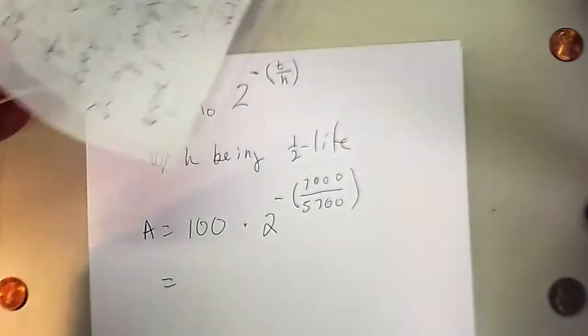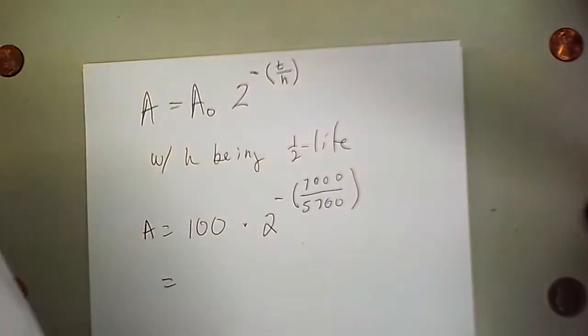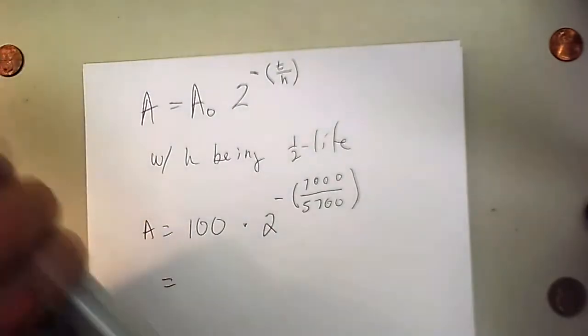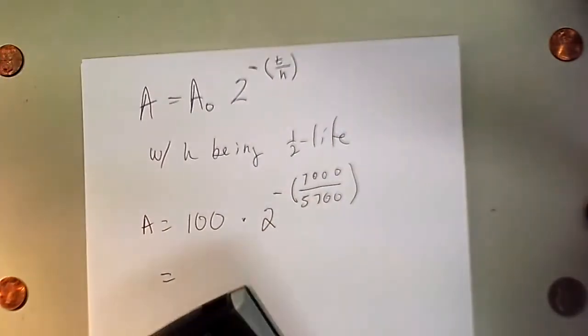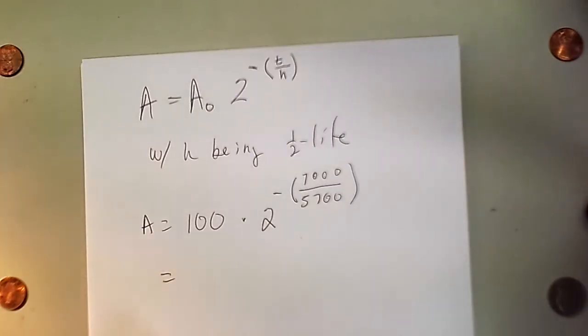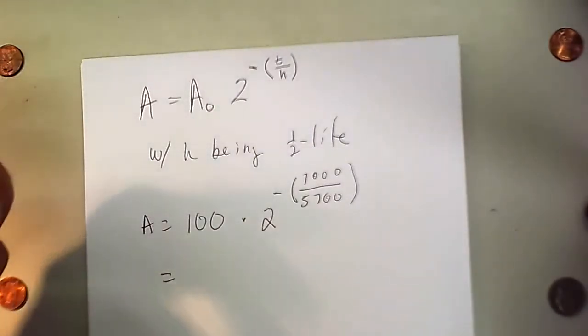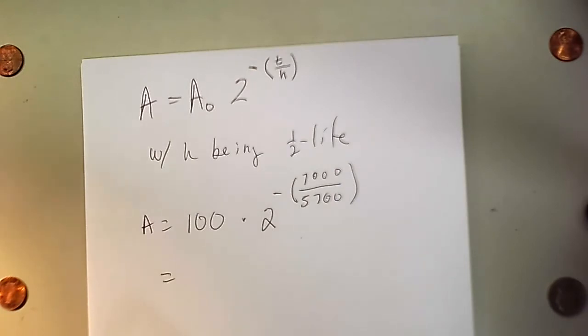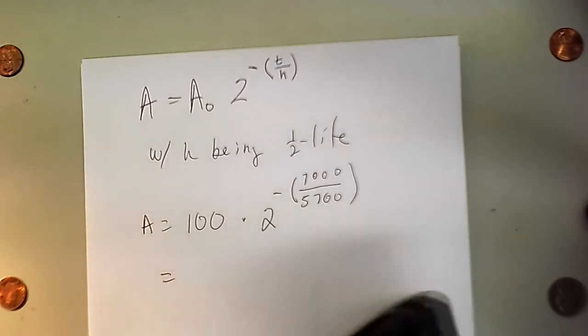Okay, so I am going to use a graphing calculator. If you don't have a graphing calculator, you may want to use a phone, a computer, a tablet. Most of those devices will have an exponential key. And if not, you can probably access some kind of calculator on the internet.